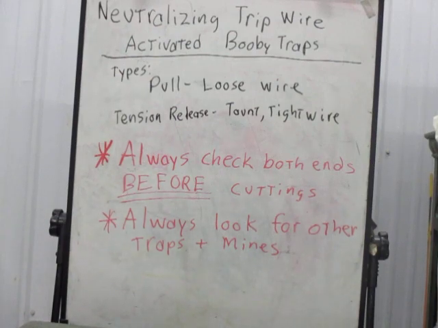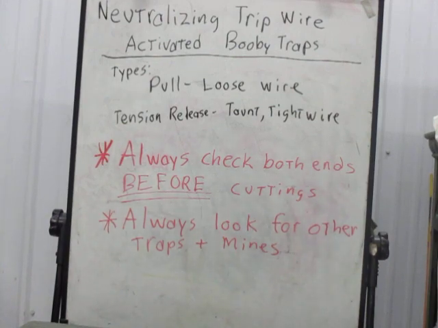Now, the first thing for the battle drill for neutralizing the booby trap is obviously identify it. You come across a tripwire. So you need to first off mark it, or call someone forward to mark it and neutralize it.